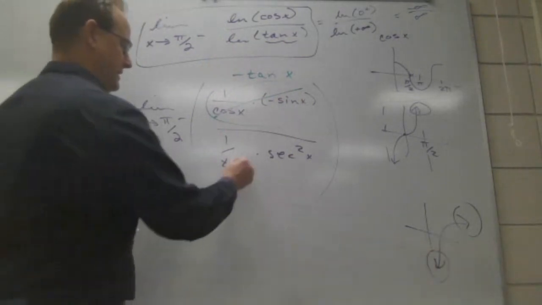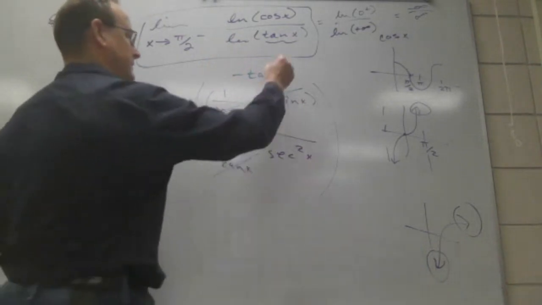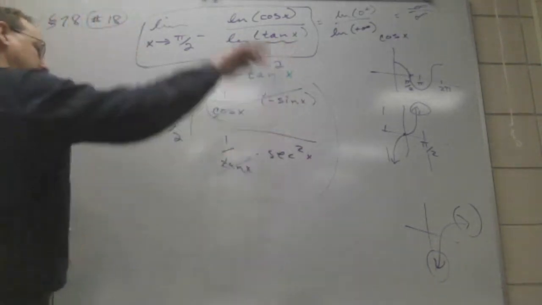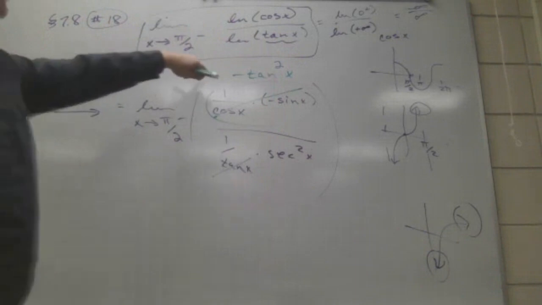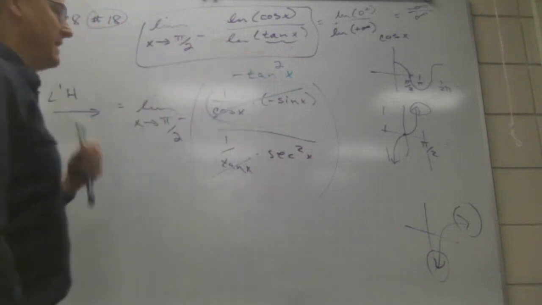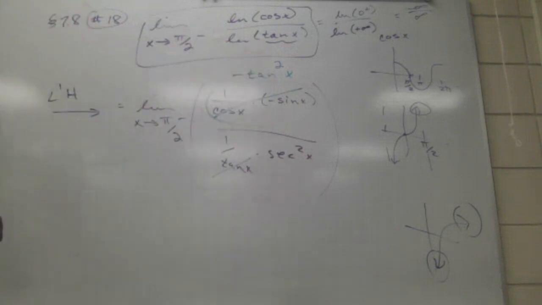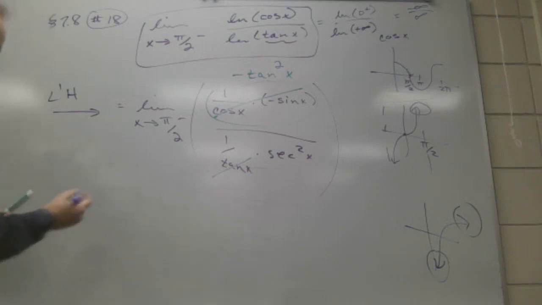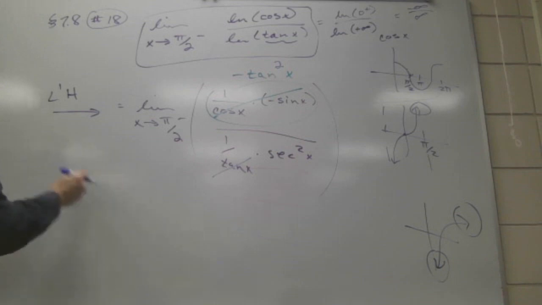So instead of dividing by 1 over tangent, I can multiply by tangent. So it's minus tangent squared on top. I don't know, that's one way to do it. So does that help us at all?